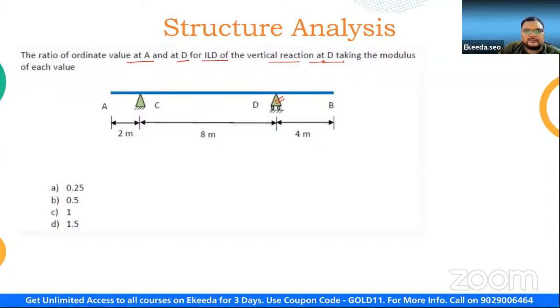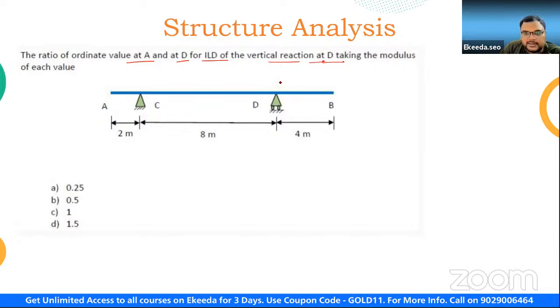Try to apply it in this case. Whenever we have to find the vertical reaction at D, we are going to apply a vertical reaction here, right, guys? Once we apply a vertical reaction, or a roller support, at point D, let us first draw the ILD for this one. So let me draw it here only.